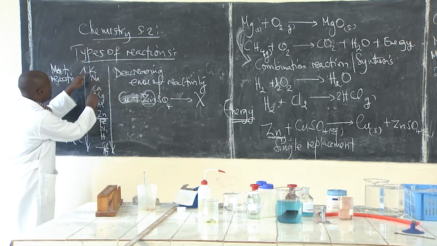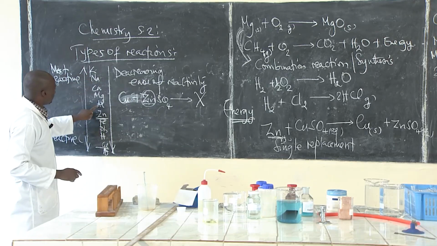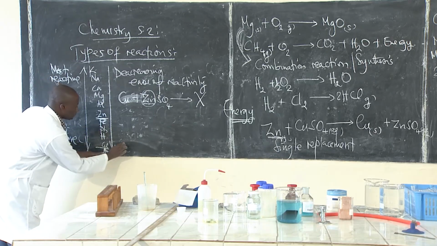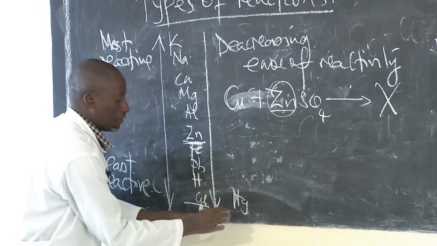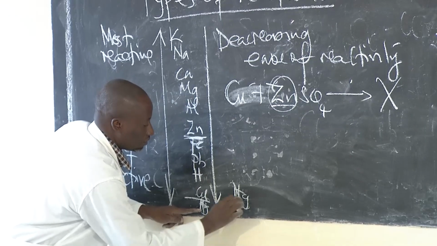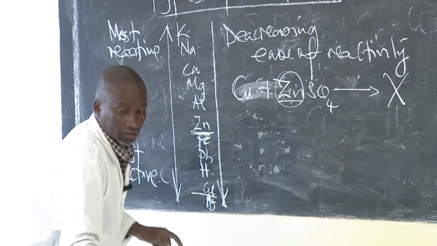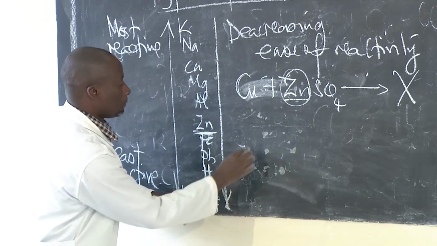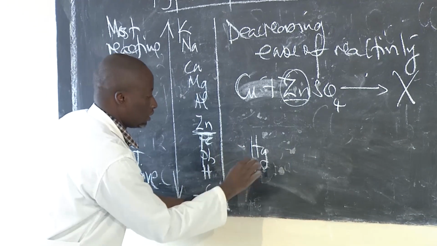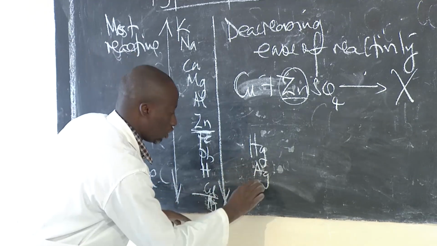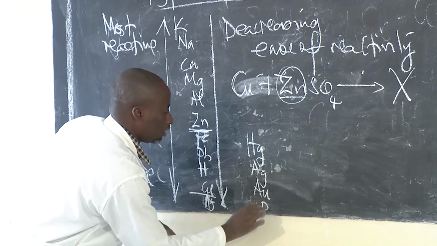We said potassium, sodium, calcium, magnesium, aluminum, zinc, iron, lead, hydrogen, copper, mercury, followed by silver, then you have gold. Let me just write it properly here so that you can see it clearly. So you have mercury, you have silver, and then you have gold, and then platinum.